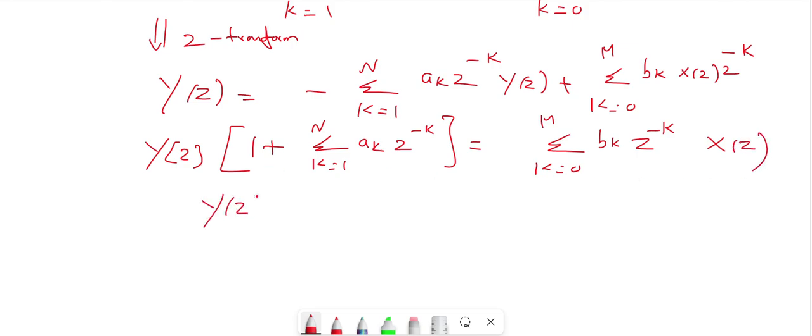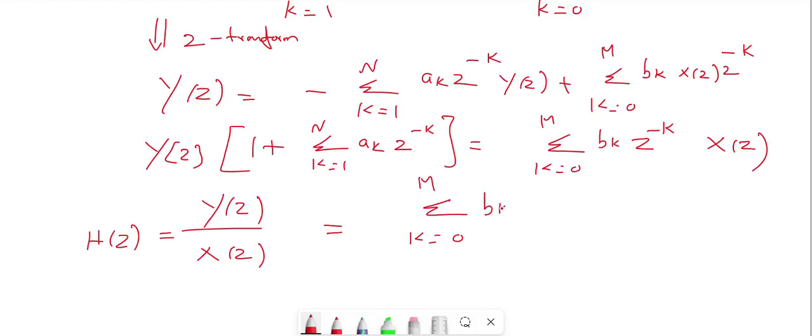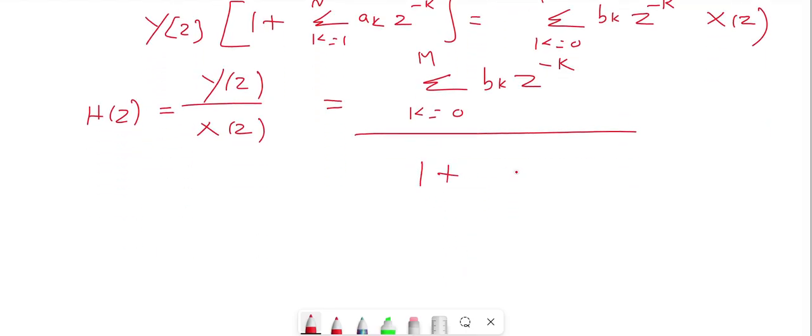So y of z by x of z is equal to h of z, the transfer function: the summation of k equal to 0 to m b k into z to the minus k, divided by 1 plus the summation of k equal to 1 to n a k into z to the minus k. This is the system function.